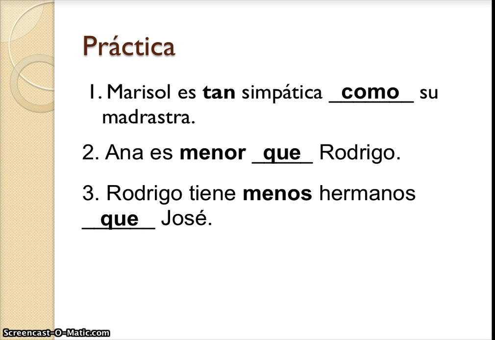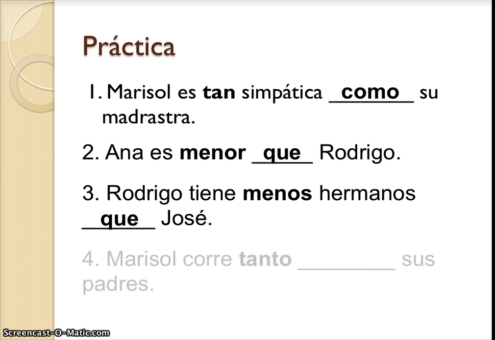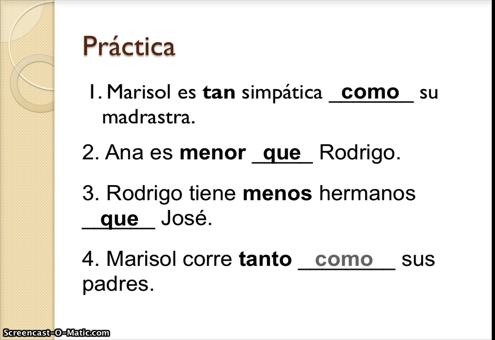Que. Y 4. Marisol corre tanto blank sus padres. Como. How'd you do?